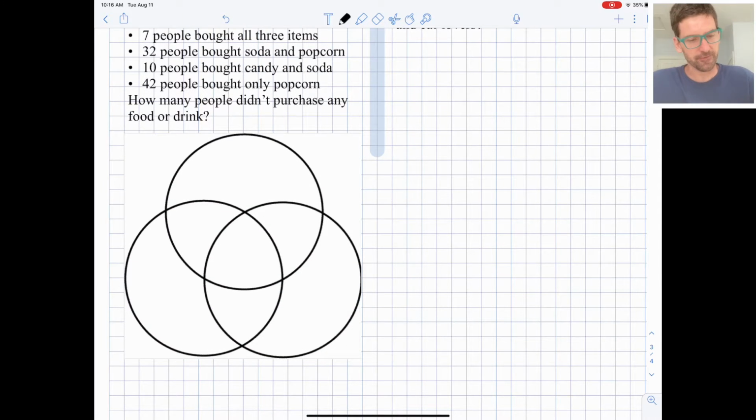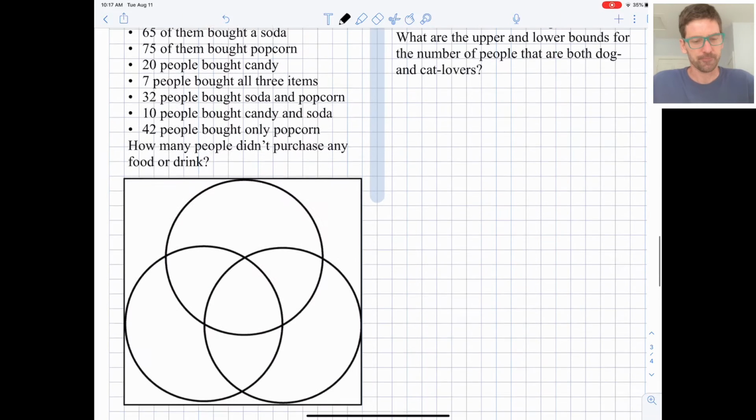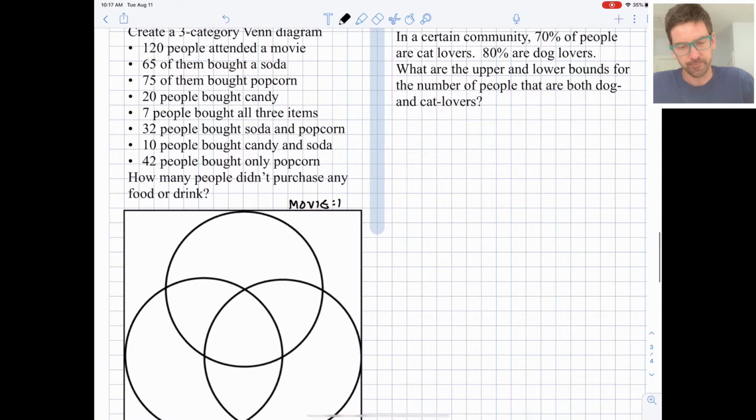I am going to draw first my sample space as a large square. And that is going to be the number of people that went to the movie. So this is sort of our movie category. That's everybody. That's 100%. So that's 120.